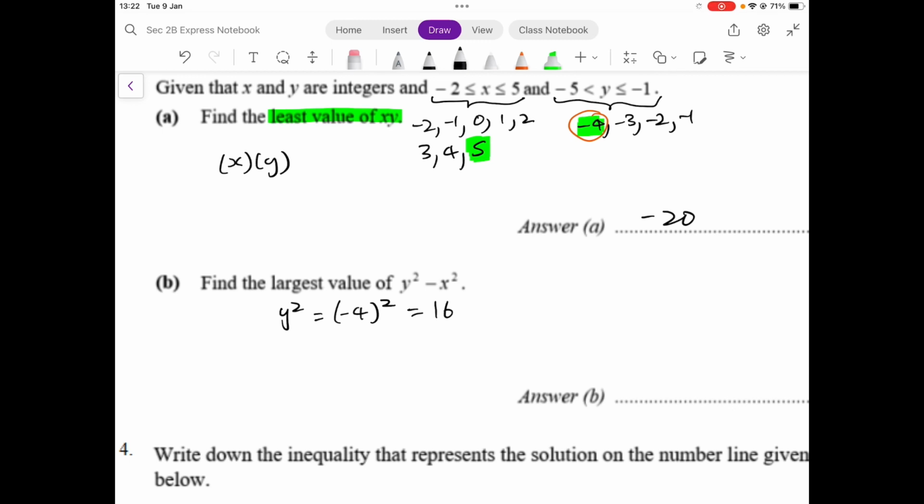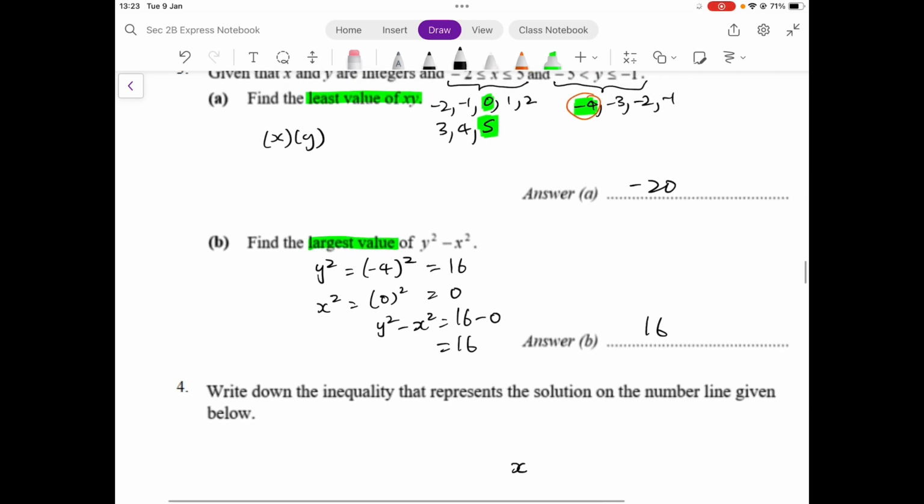Square, we get 16. Now I want the largest value of y square minus x square. So which value of x should I choose? Right, from here I will choose x equals to 0, because then I minus off nothing. So when x is 0, x squared is still 0. So my y squared minus x squared, 16 minus 0, 16. Okay.